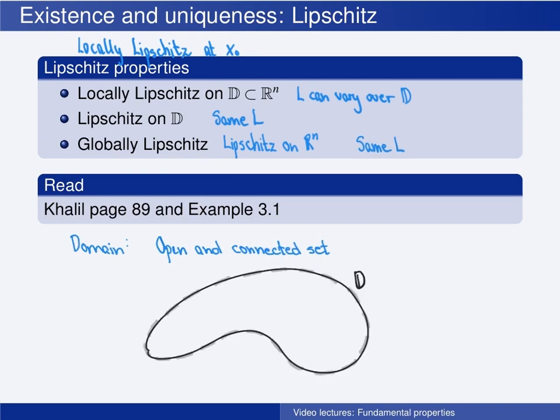That it is connected means that any two of its points can be joined by a broken line of finitely many straight line segments that all belong to the set D. So you can take any 2 points, one point x here and one point y here, and you can connect them by a finite number of straight line segments without leaving the set. In other words, the set is only made up of one piece.